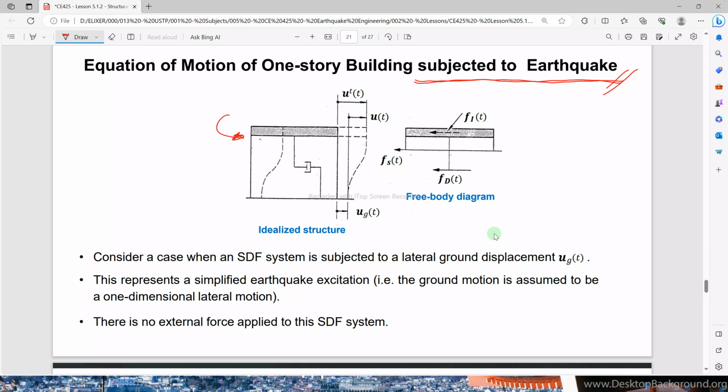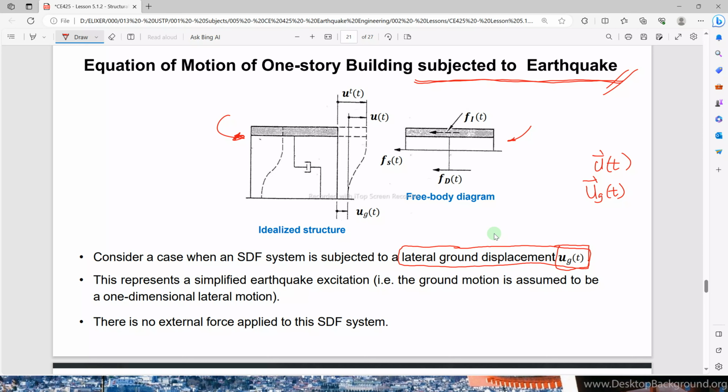Here we have our idealized structure, and this is the FBD of the structure. Since there is an earthquake, there is a ground motion, so we add an additional displacement. Aside from the displacement u(t) of the building caused by the applied dynamic force, there is also the lateral ground displacement represented by ug(t).